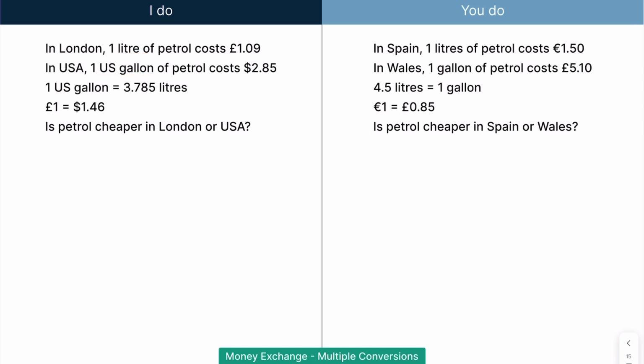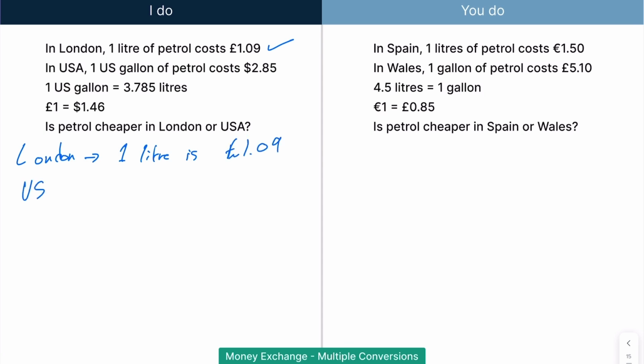Now, in this case, I'm going to pick to work in litres, and I'm going to pick to work in pounds, which then means that this line here for London is done for me, because that says 1 litre of petrol costs £1.09. Now, I need to know what 1 litre of petrol costs in pounds in the US. So I can actually write that line just down here. So we can just say, in order to make the comparison, we know that London, that 1 litre is £1.09.